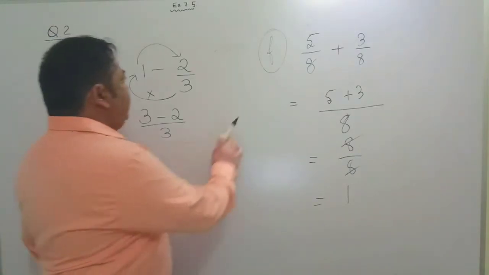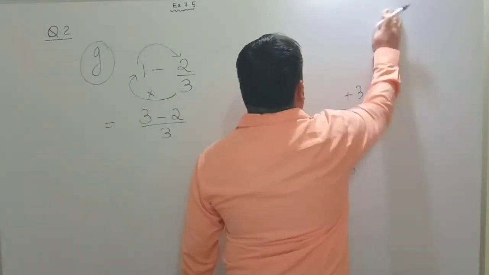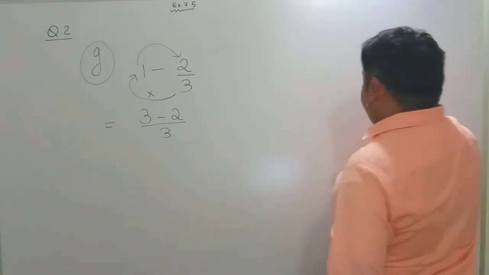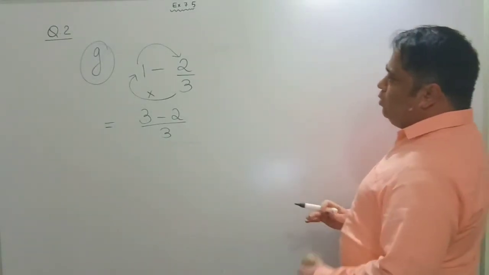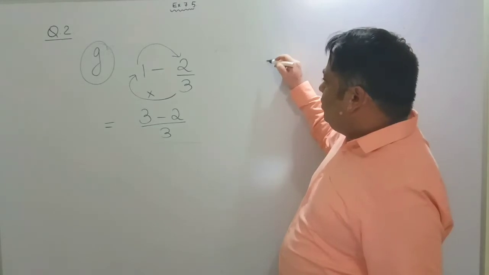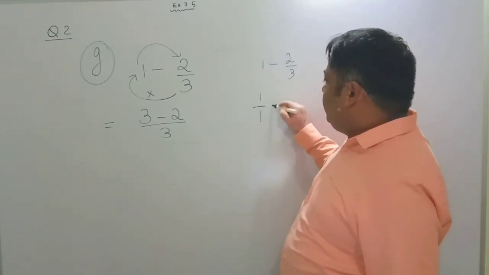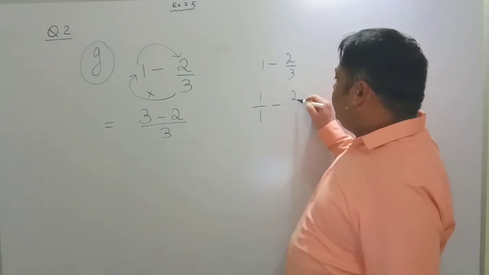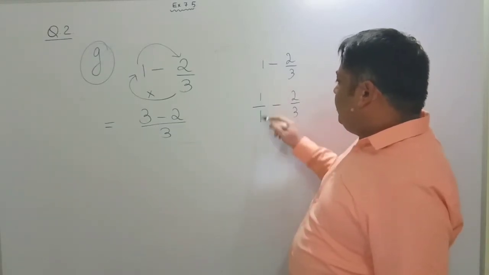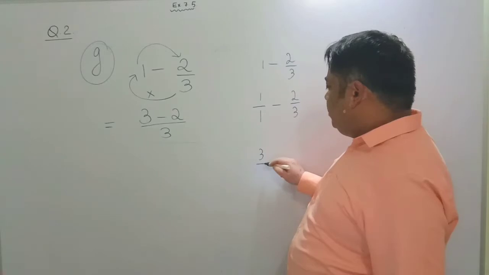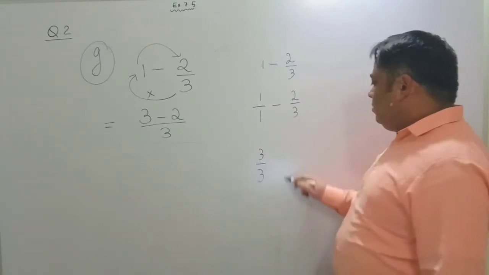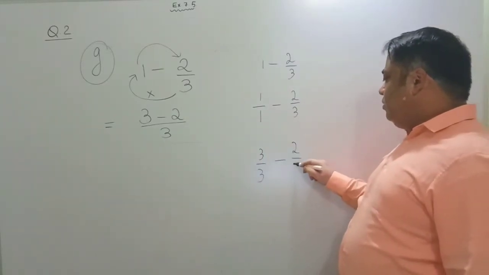The other way of doing the same is: every number has a denominator equal to 1. So we can write 1 minus 2 by 3 as 1 by 1 minus 2 by 3. 1 by 1 can also be written as 3 by 3 minus 2 by 3.